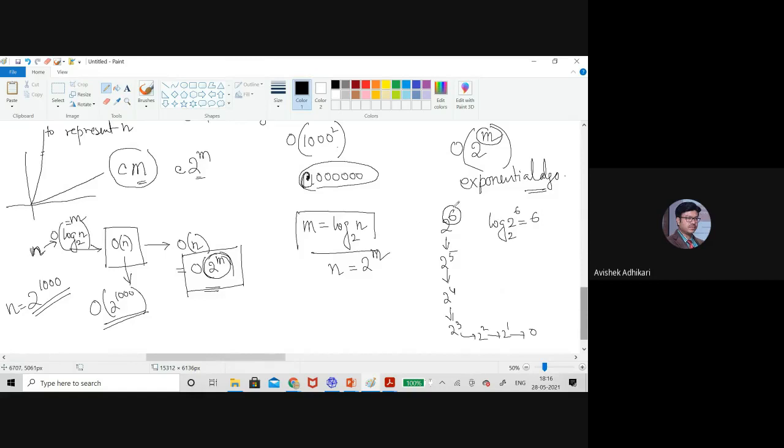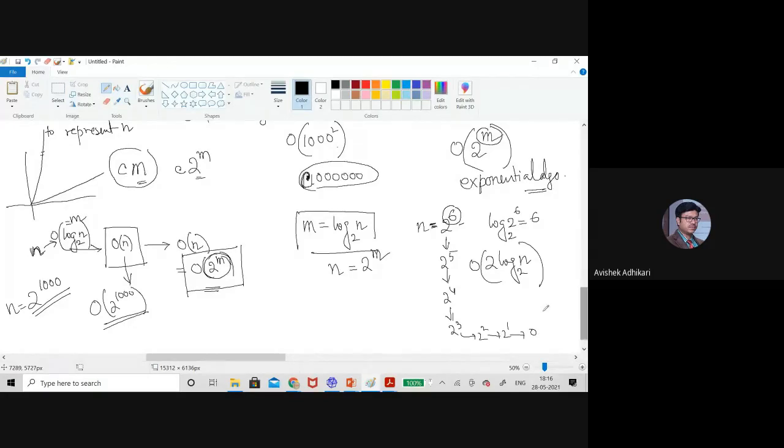That means if this is your n, then at most in every 2 steps it becomes less than half. So at most 2 into log n base 2 many steps will be required to make it 0.